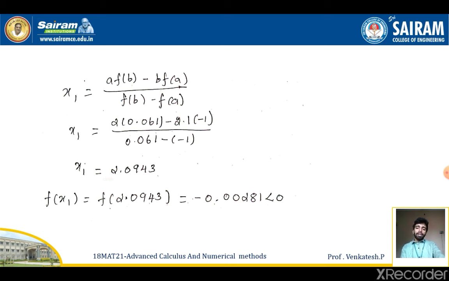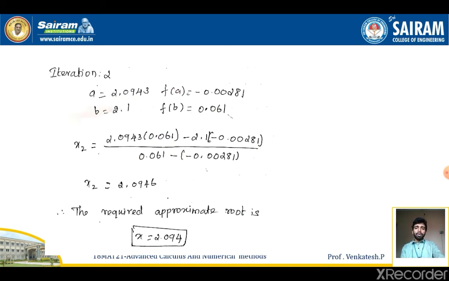Now if I replace the x1 value in the given function, f of x1, I get a negative value. Previously f of a was negative, and here f of x1 is also negative. So I can take a equal to 2.0943, keeping the previous b, 2.1, as it is.